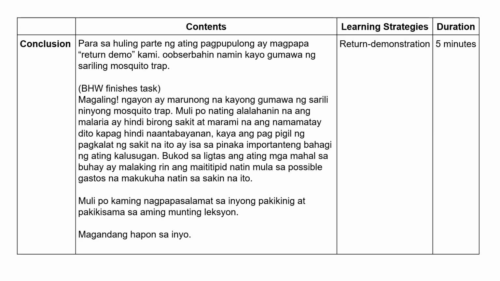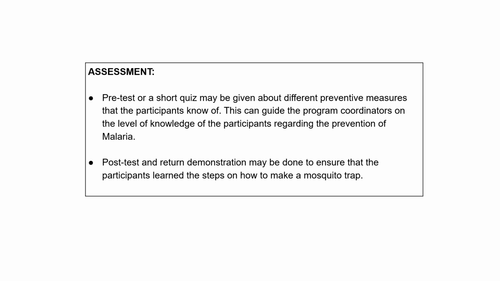The facilitators ended the session by reminding everyone of the importance of prevention. Pre-test, post-test, and return demo were the tools for assessment. However, the actual assessment forms or materials were not provided.